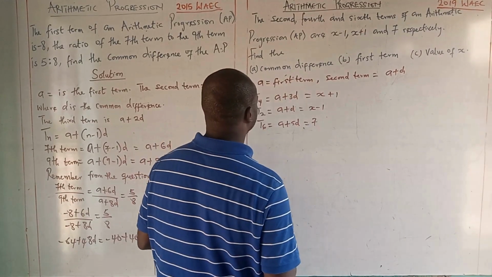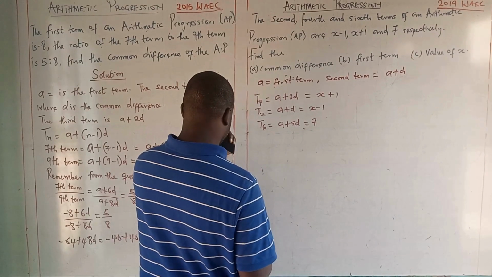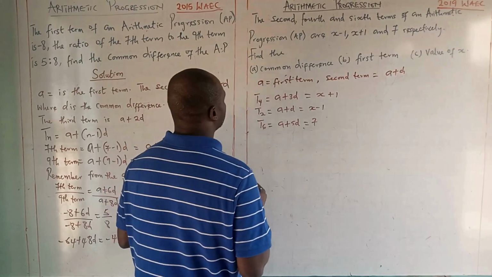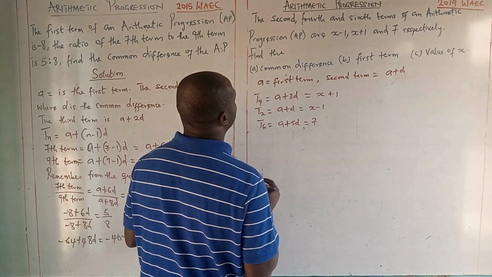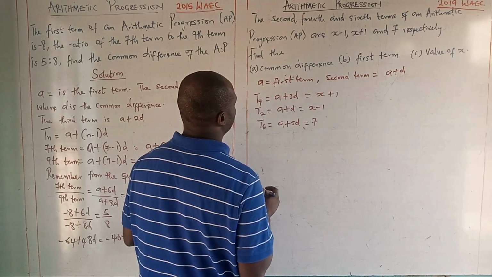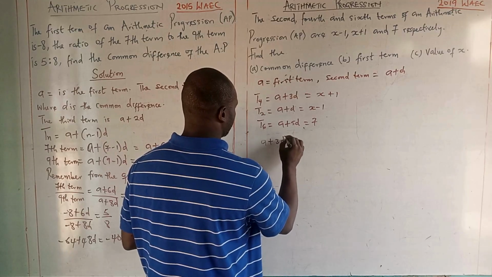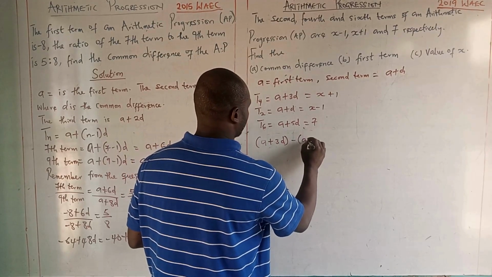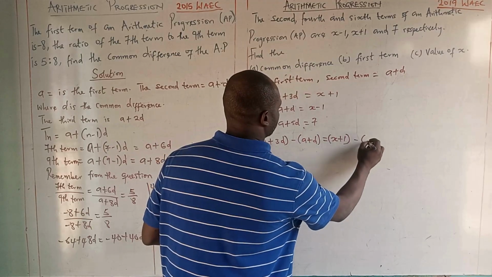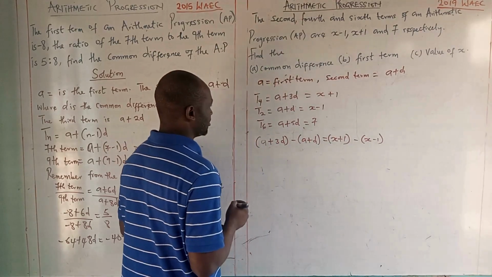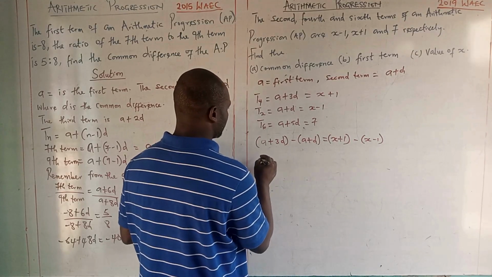Now let's use this. Now subtracting T2 from T4, subtracting the second term from the fourth term, that is a plus 3d minus a plus d equals x plus 1 minus x minus 1. Now, opening the bracket, what are we going to have?